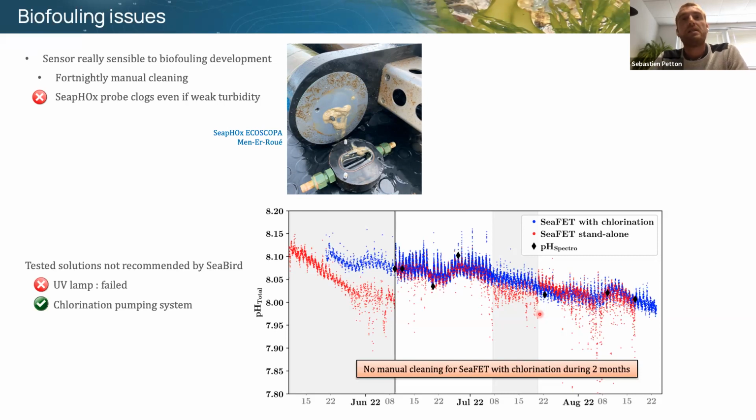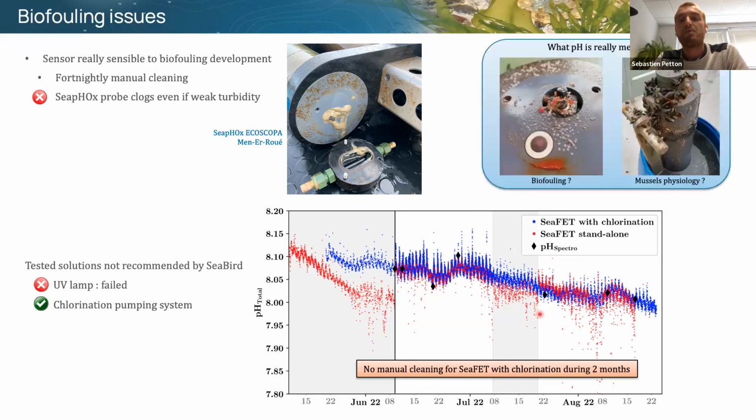And of course, sometimes we can wonder what type of pH we are measuring on our buoys. When the sensors are completely full of microorganisms, like this one, in a picture just after 15 days in the Arcachon basin, we know that the data are wrong. But sometimes the complete probe itself is surrounded by mussels.